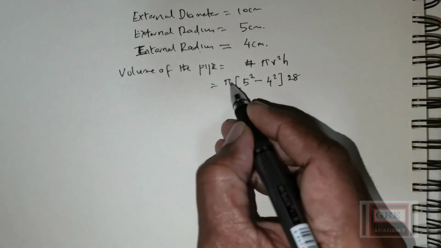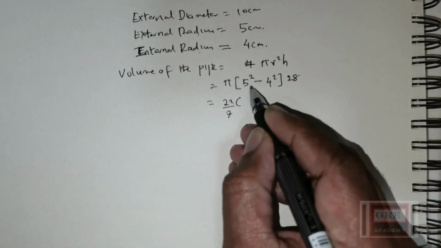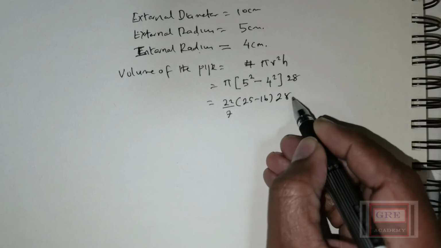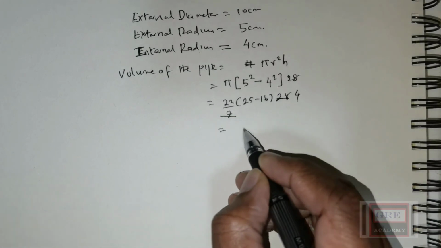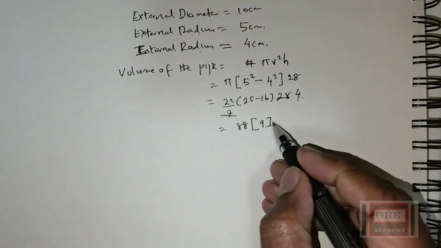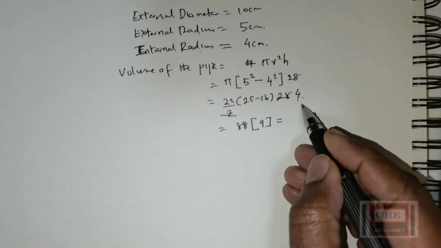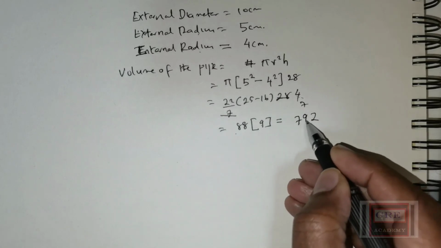Now I'm going to use pi as 22 over 7, and this is going to be 25 minus 16 times 28. So 7 divides 28 4 times, so if you multiply this, I would get 9 times 8 is 72, carry 7, and that's going to be 792.